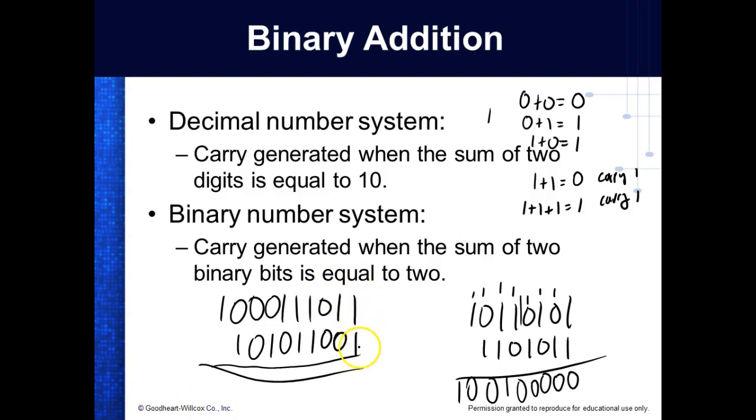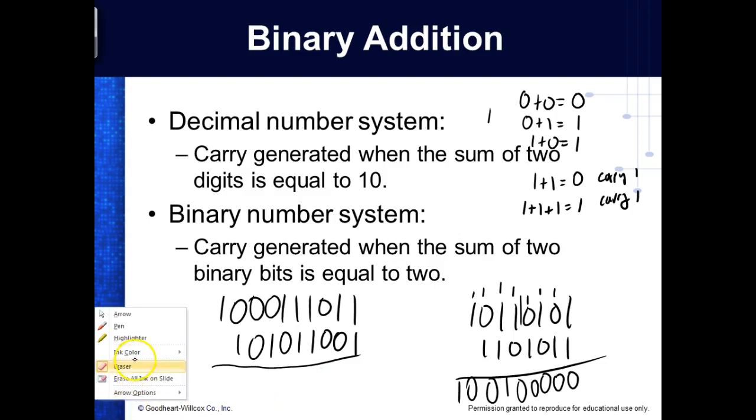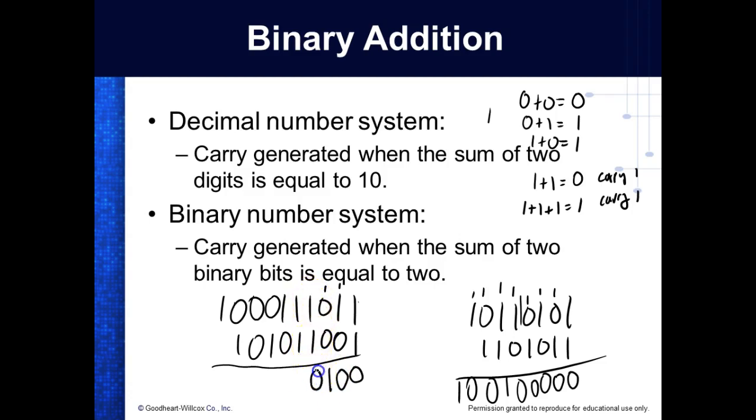So what's 1 plus 1? Wait, let me clean this up a little bit. So 1 plus 1 would be what? 0 carry 1. 1 plus 1 is what? 0 carry 1. 1 plus 0 plus 0 is what? 1. 1 plus 1 is what? 0 with a carry 1. 1 plus 1 plus 1 is 3.